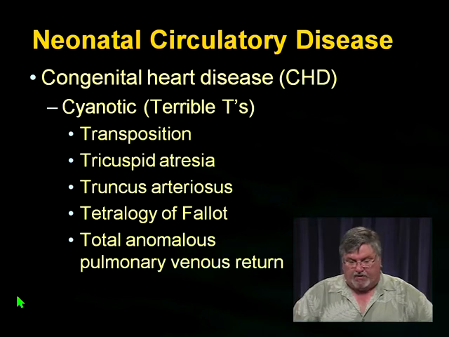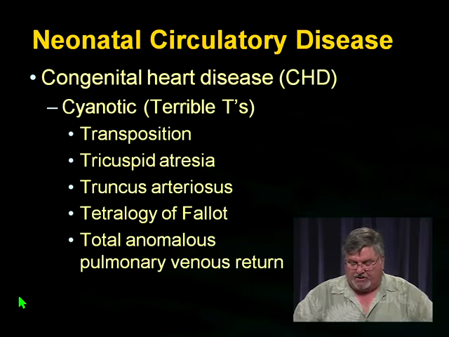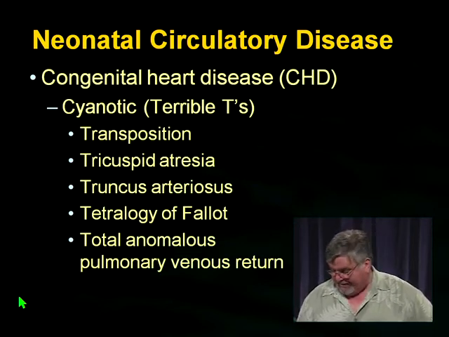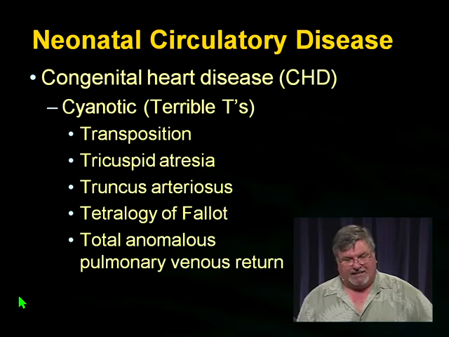We're going to talk real briefly about congenital heart disease and talk about the 5 terrible T's: transposition, tricuspid atresia, truncus, tetralogy, total anomalous pulmonary venous return. These are the causes of cyanotic congenital heart disease in the newborn. They will just ask you those disease states.